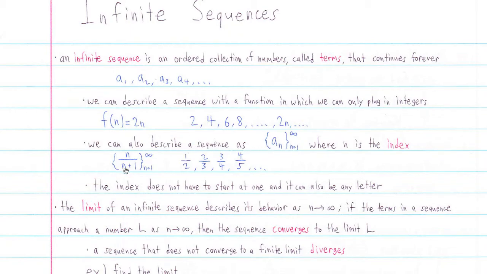So if we have this sequence where the general term inside the bracket is n over n plus 1, and the index starts at 1, that means to get the first term, we plug n equals 1 into this general term, which gets us 1/2. Next we go up by one integer, so we plug in n equals 2 to get 2/3, and so on and so on.